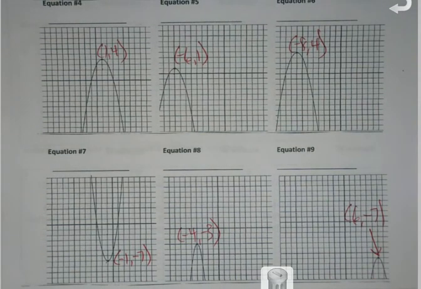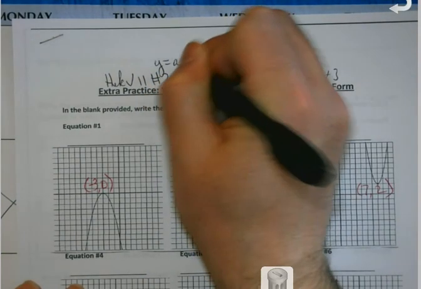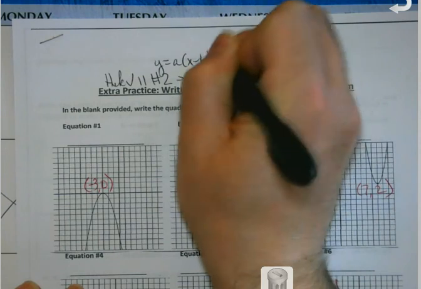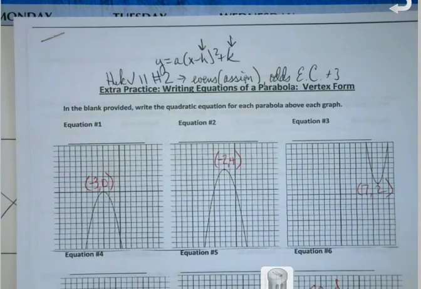Here's how this is going to work. I'm going to plug those values into my regular vertex equation. I'm going to plug values in those two spots.